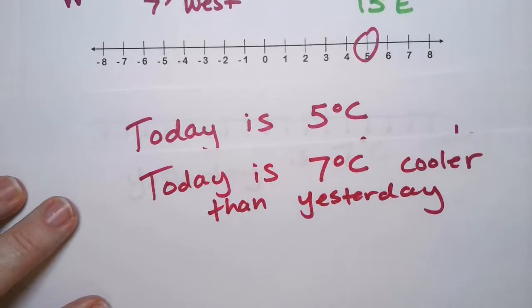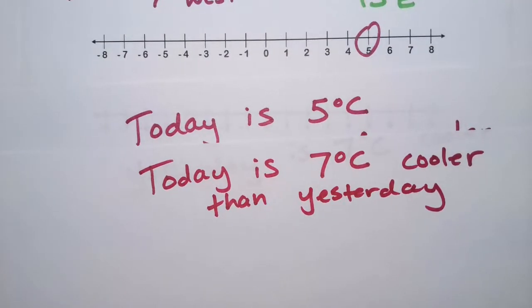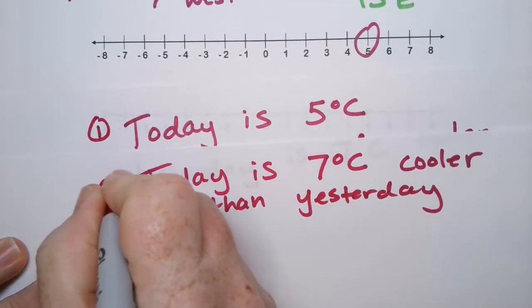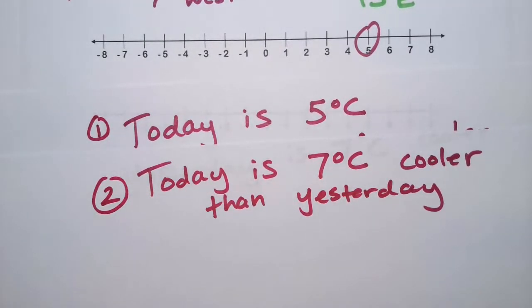Okay, so what do you think? I'll give you a second, and then we'll chat about it. So what was the temperature yesterday is the question. Here's one piece of information. Here's 2 pieces of information. Okay, so if it's cooler today than yesterday, what does that tell you? Yesterday is warmer, right? So what happens?